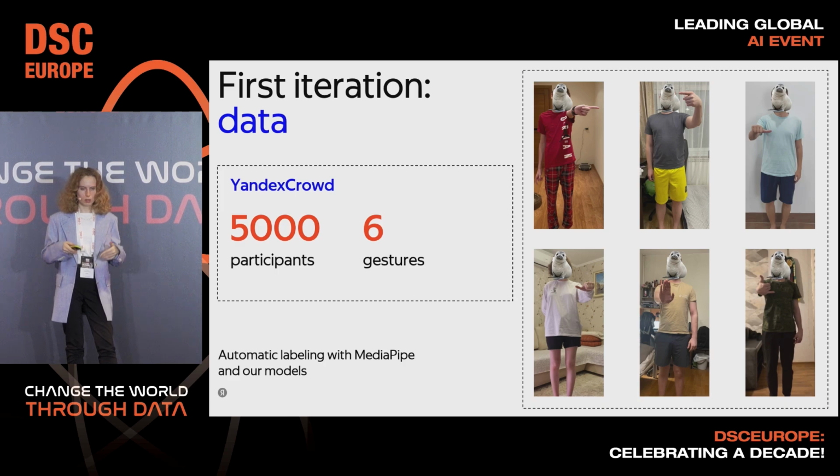Then we collected these photos, and we applied some automatic labeling process. We labeled these photos with Google MediaPipe and some heuristics based on our own models connected with people, for example, face detection, body detection, etc.